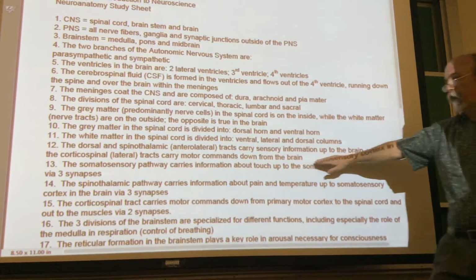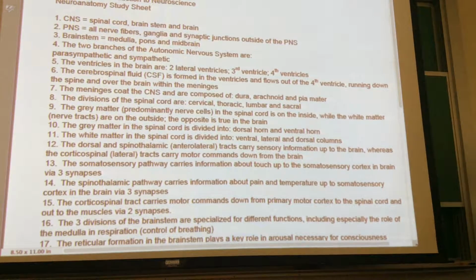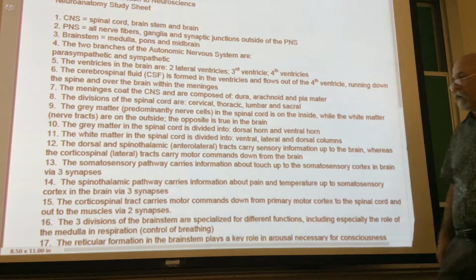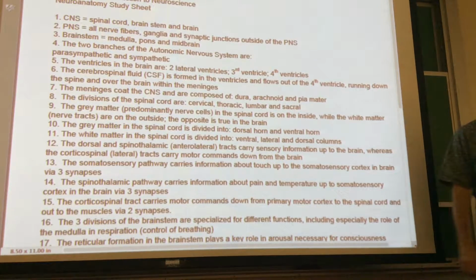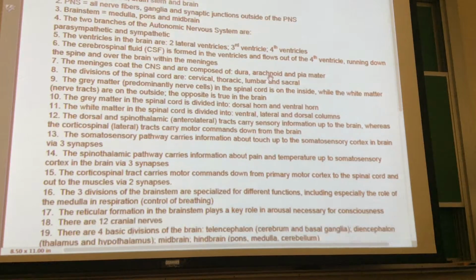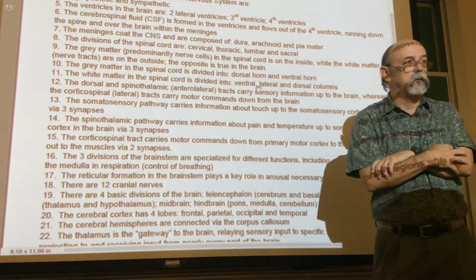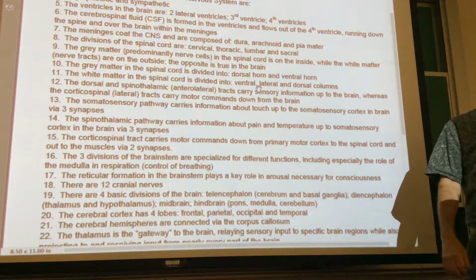And then there are the corticospinal tracts bringing stuff down. Remember, those are the lateral tracts. And then we've already talked about the somatosensory system. A key thing there is that for both the somatosensory system and the spinothalamic system, there are 3 synapses, starting from the point of origin.